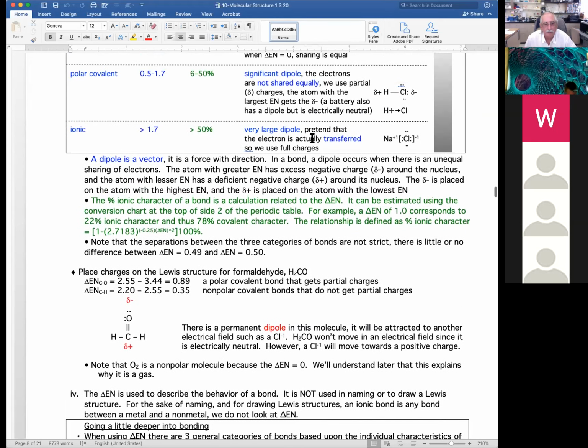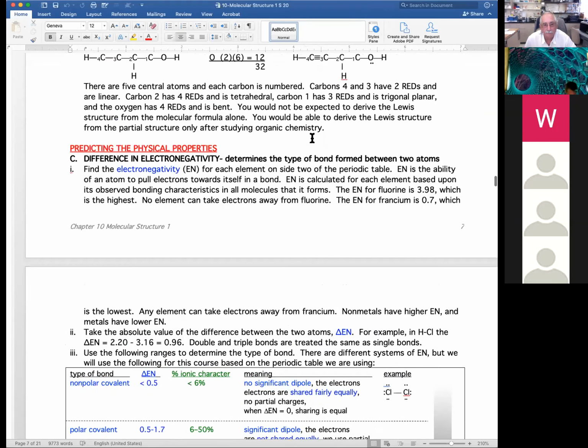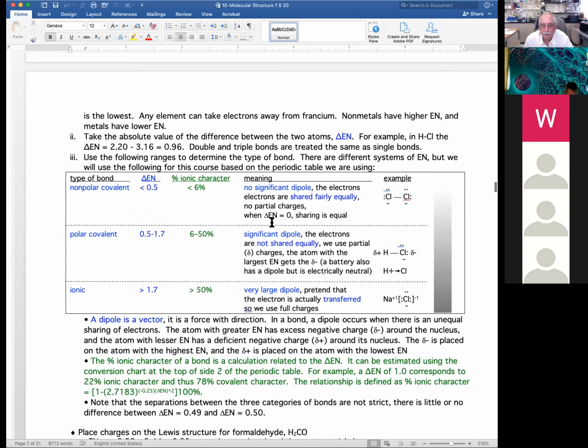The last thing we talked about was difference in electronegativity. We first encountered that in chapter 5, and I've talked about it in several cases. When we take the difference in electronegativity, that numerical difference puts that particular bond into one of 3 categories.